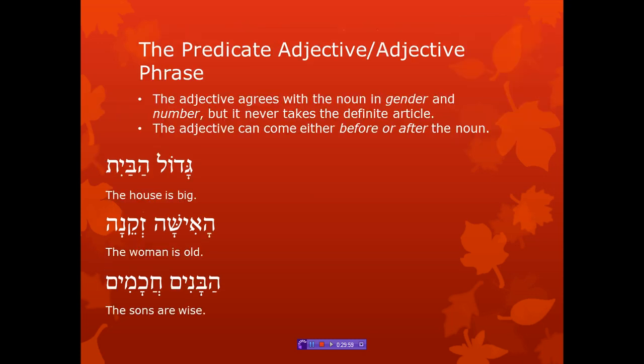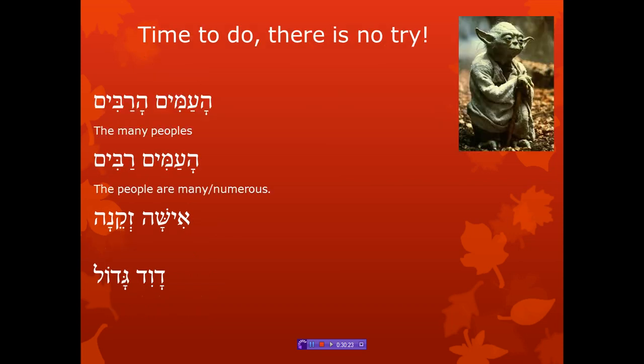I wonder, let's look at the rules for the predicate. Does it follow the rules for the predicate? Does the adjective agree with the noun in terms of gender and number? Yes, that's true. But it never takes the definite article. Okay, well, that is also the case, right? Isha zakena has no definite article. And then finally, it can come either before or after the noun. Okay, so that actually causes some problems for us, right?